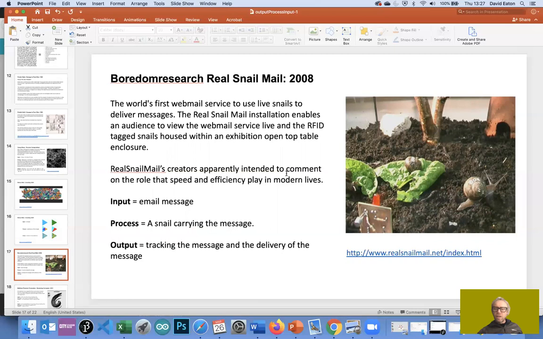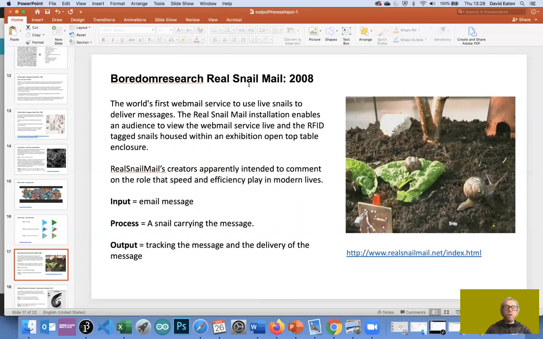The Brit Artists, for example, was a group of artists whose ideas of irony, you only have to look at the work of Tracey Emin and her contemporaries to see what we mean when we're talking about irony in work. Boredom Research would certainly have been growing up and working at this time, and then have moved on to work with computers.